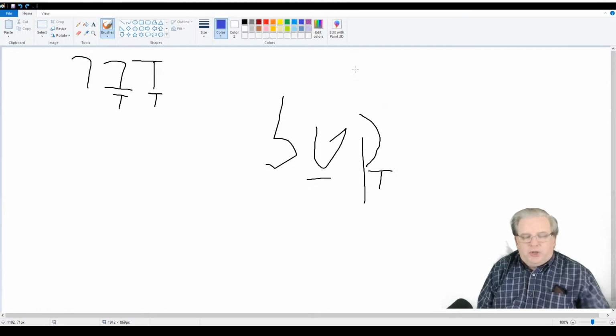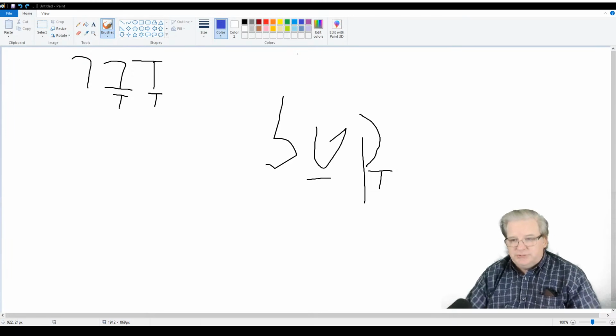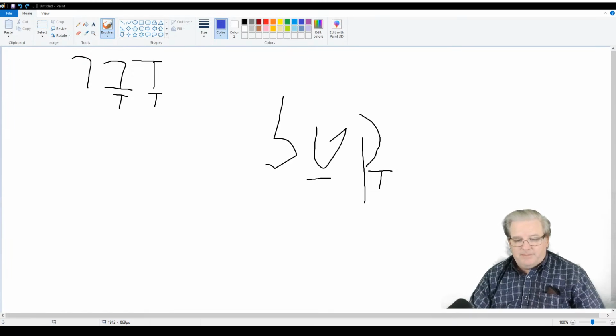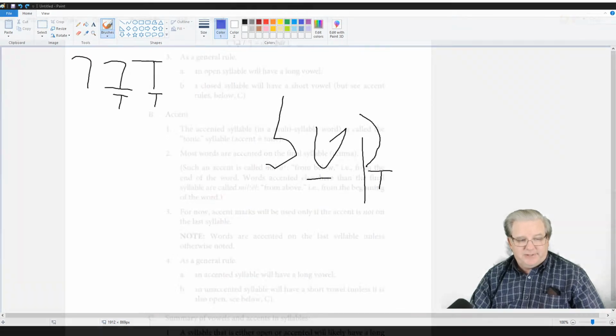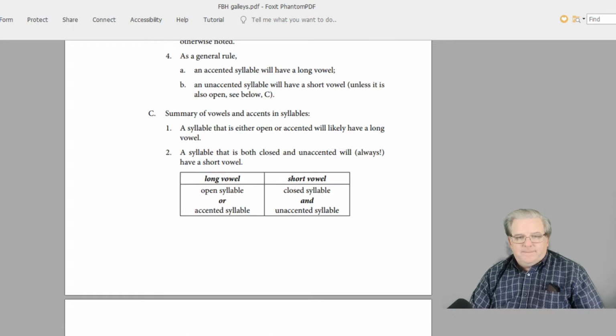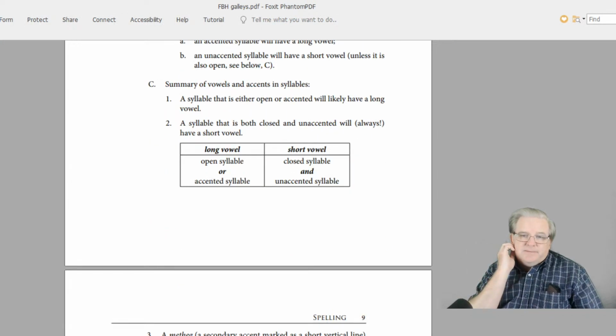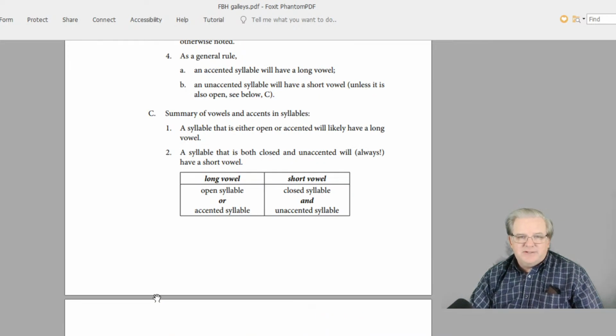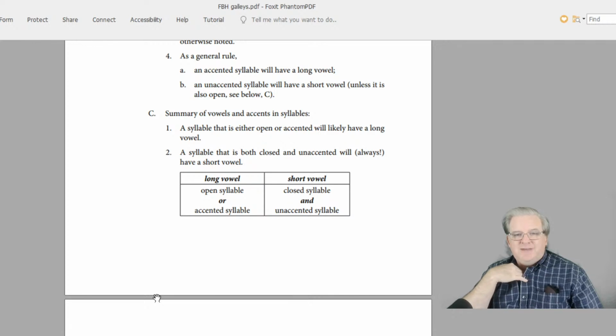Let's get on with the rest of the rules, and then we can start making some decisions, shall we say. Go back to the document. I did this when I taught the class too. As a general rule, number 4, an accented syllable will have a long vowel.